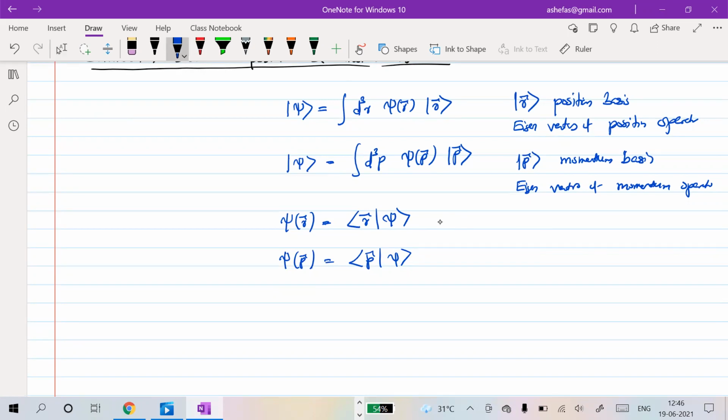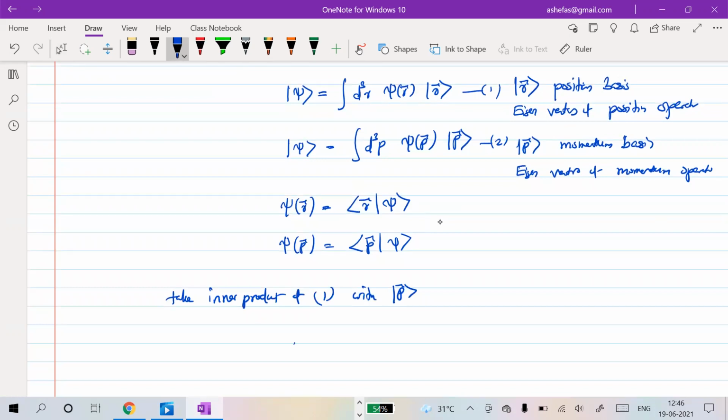So take equation number 1 and equation number 2. Now take the inner product of 1 with the momentum vector. Then on the left side, we'll get the inner product p psi. This would be equal to the inner product p with the integral d cube r, psi of r, the ket r.